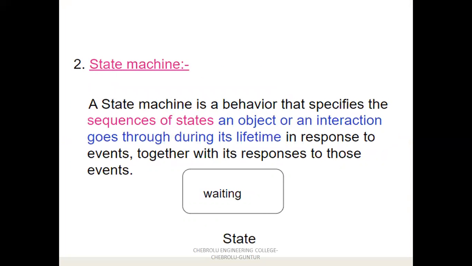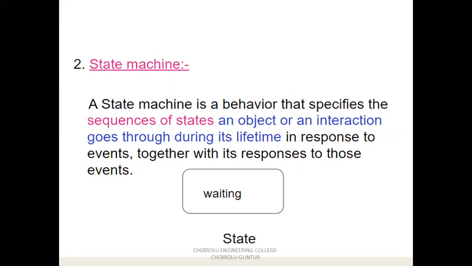Next, state machine. A state machine is a behavior that specifies the sequence of states of an object or interaction during its lifetime in response to events, together with its responses to those events. Graphically, the state of a state machine is represented by a rounded rectangle.